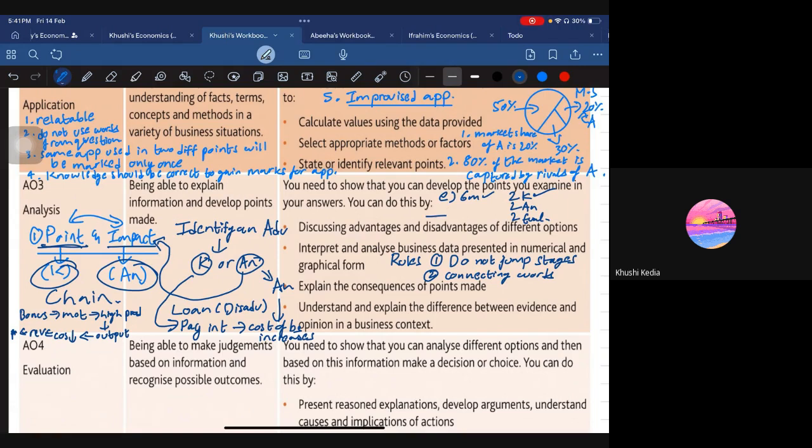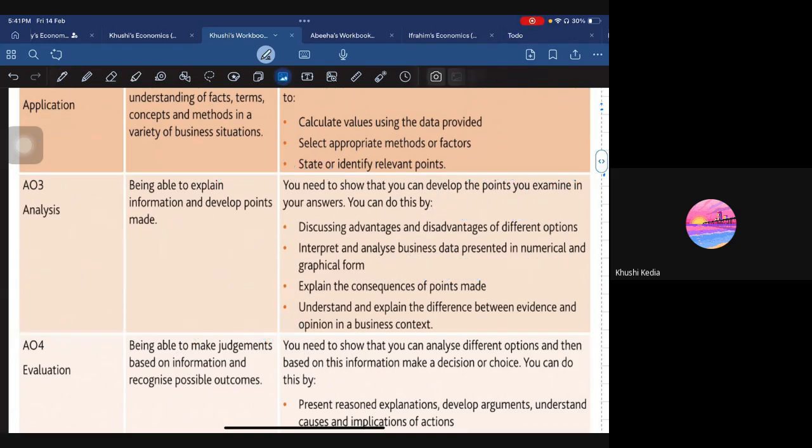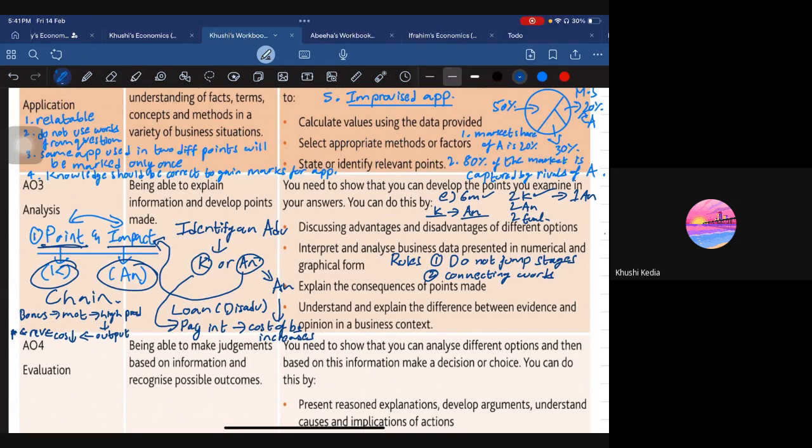So you did that. You gave a knowledge point and you linked it with an analysis in the second paragraph. In the first paragraph, probably you already got the 2 marks for the knowledge and 1 mark for the analysis as well. Now, in the second paragraph, let's suppose you write this knowledge and analysis.